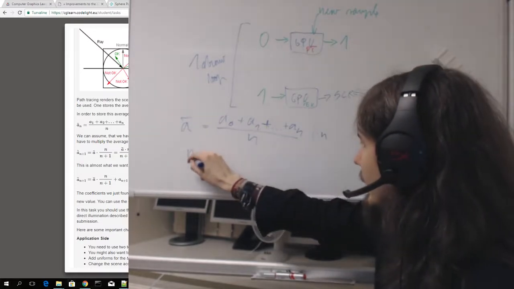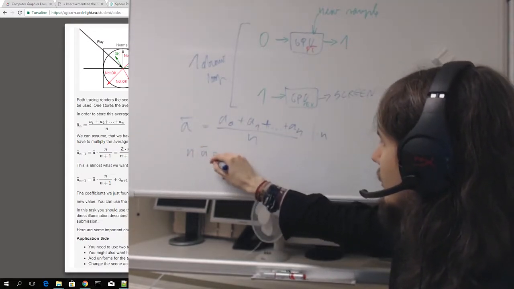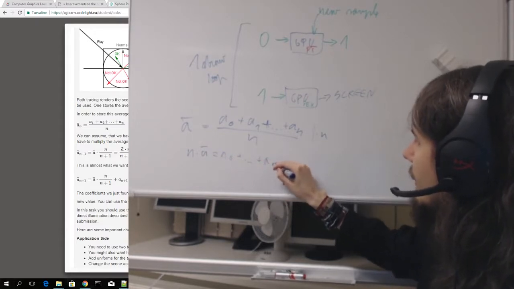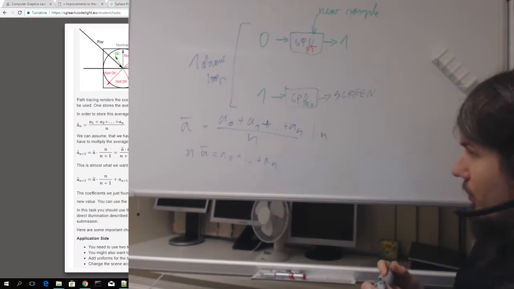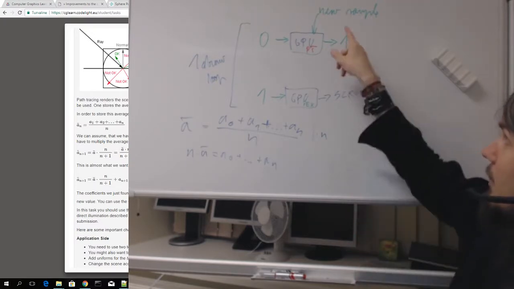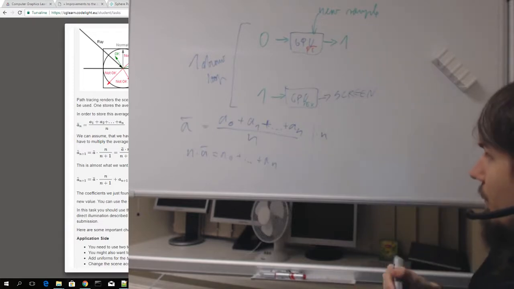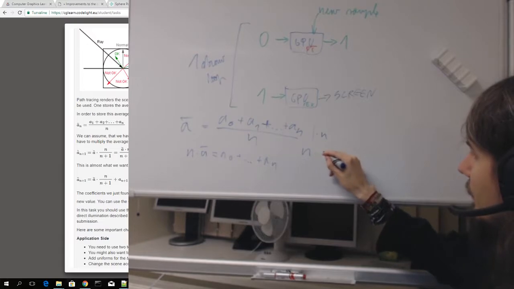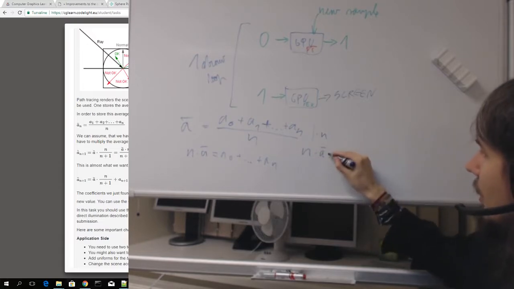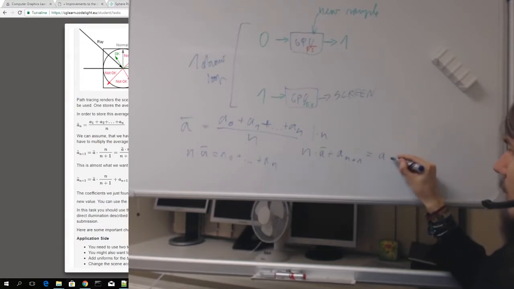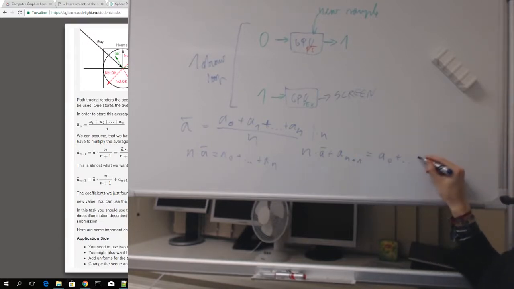So we get that n times the average will be the sum of A0 until AN. Now we want to add n plus 1. We have a new sample, so let's add it to both sides. So we get n times average plus A(n+1) is equal to A0 plus until now A(n+1).